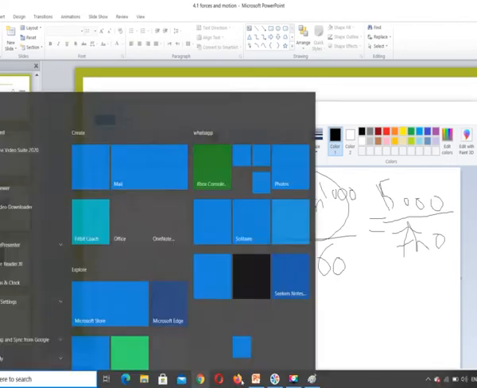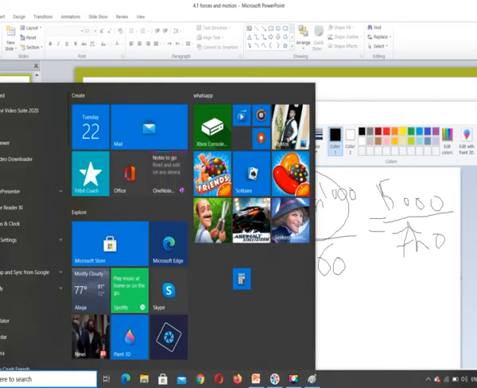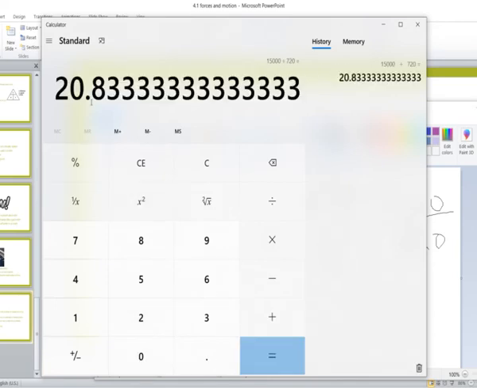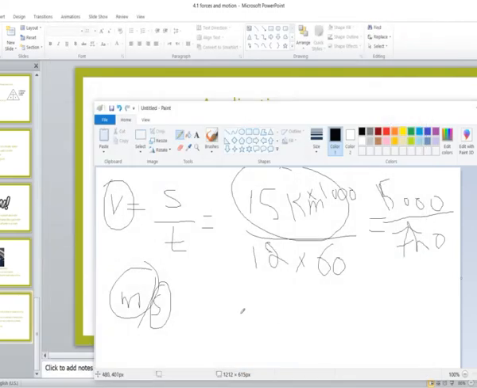So 15,000 divided by 720. You know why 15,000? Because I multiplied by 1,000 to convert from kilometer to meter. Divided by 720, it's 20.8.